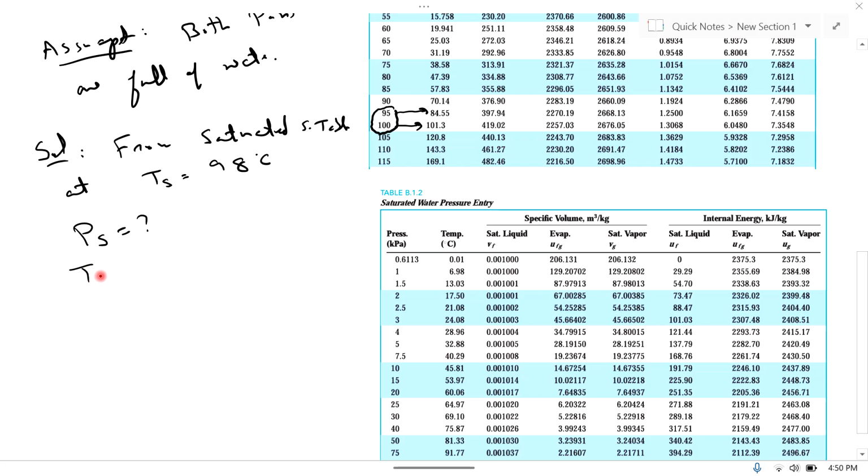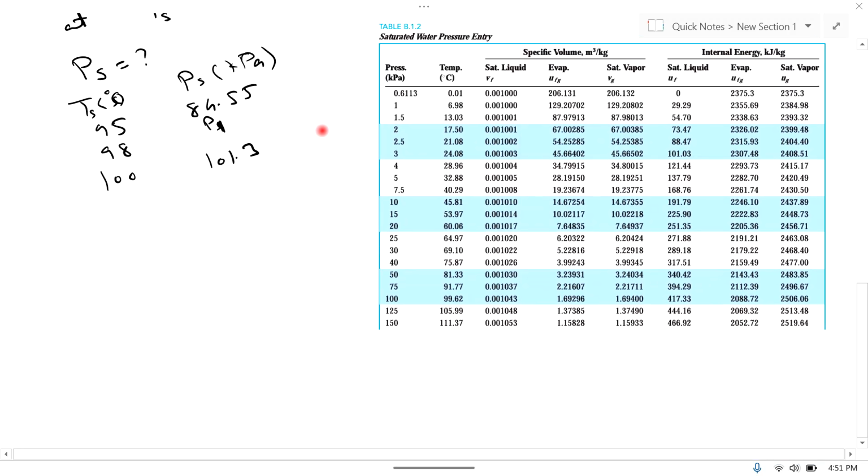The saturation temperatures available in the table are 95 and 100, and I have to find the value at 98. Saturation temperature is in degrees centigrade, saturation pressure is in kilopascal. At 95 degrees centigrade the saturation pressure is 84.55. At 98 it is required, and let's call this pressure P1, and at 100 degrees centigrade the saturation pressure is 101.3.